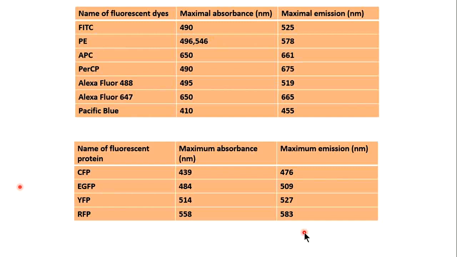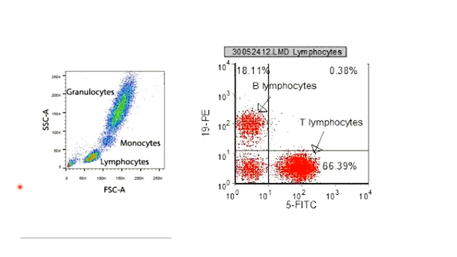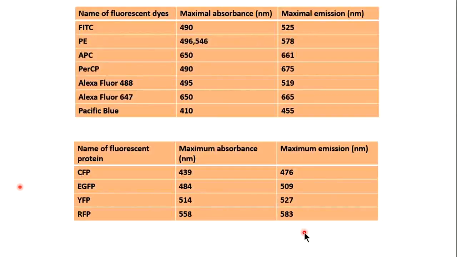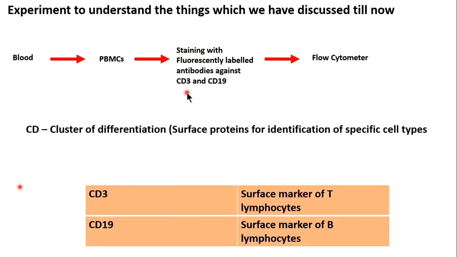Now, what is the best way to learn a technique? The best way to learn a technique is by doing an experiment. Obviously, online we cannot do an experiment, but I have a method to understand the experiment. Let's do that.